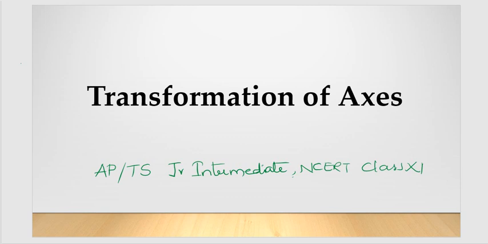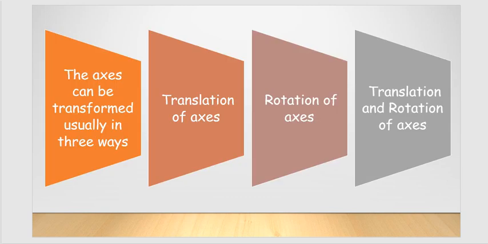In a plane we can draw an infinite number of axes. We have a chapter named coordinate geometry, which is important, right? In that we have the x-axis as well as the y-axis. That x-axis and y-axis we can transform in three ways.